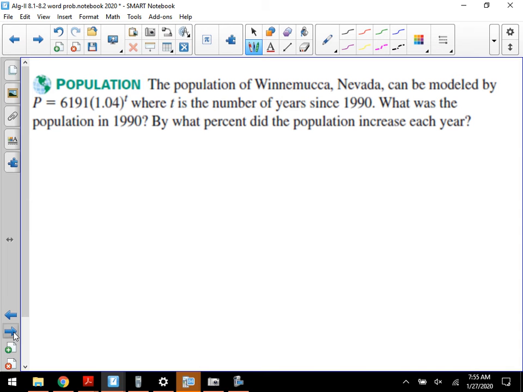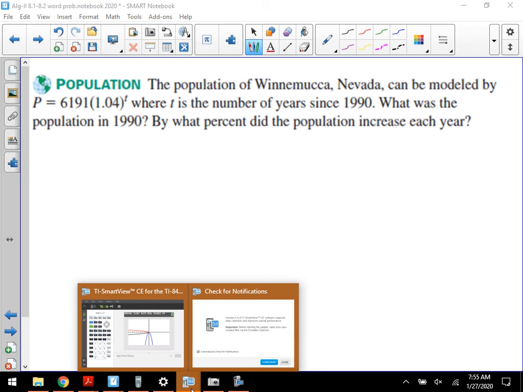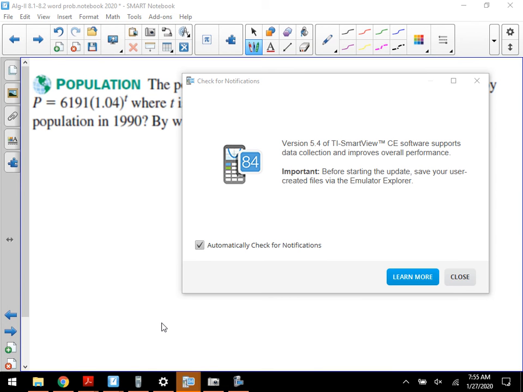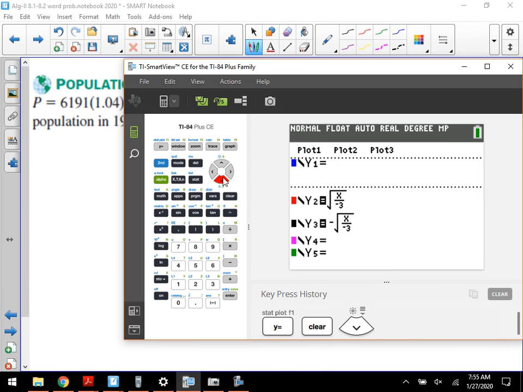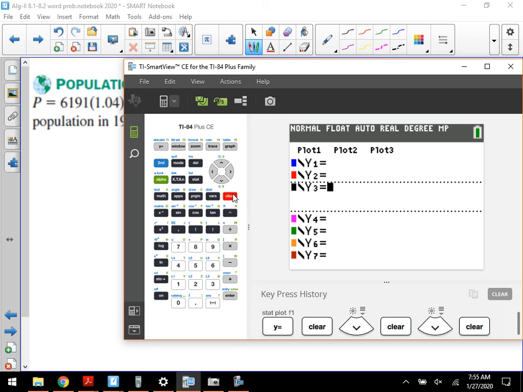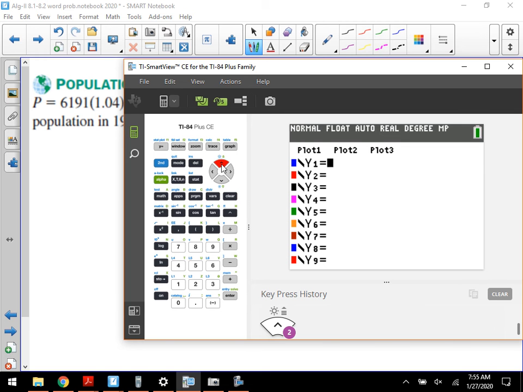Okay. So if you looked at this, take your calculator out real quick. And this is where table stuff is going to come into play about helping you figure out what certain things can occur. And let's put this one into our y equals. What was it? 6191 parentheses 1.04.